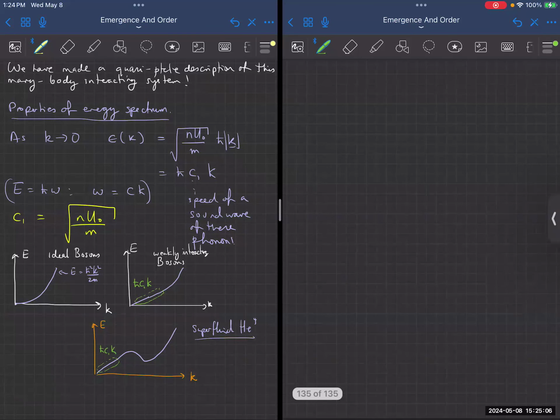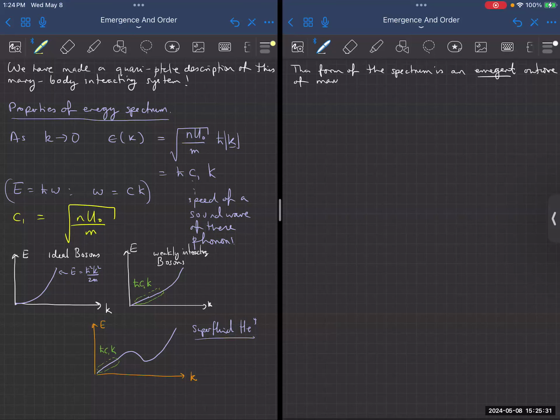So let's just see why we say that. This form of the spectrum is an emergent outcome of the many-body interactions.